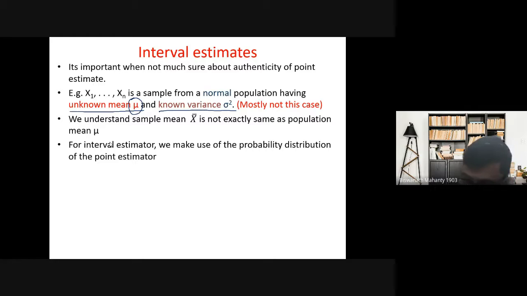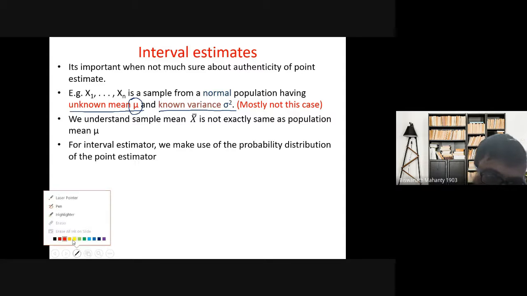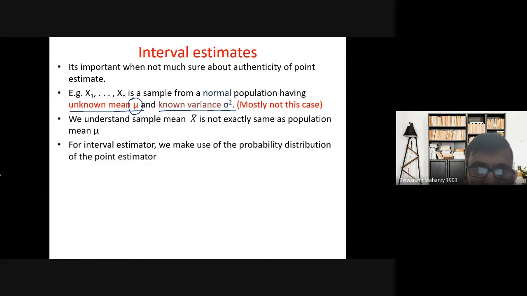For example, if the population is 10 lakh children and their average is 6.5 years, and I take just 10, will their average also be 6.5? No, it will be something different. We understand it will not be the same.